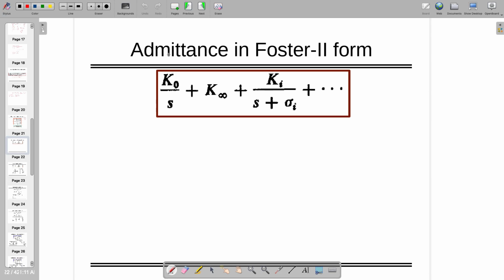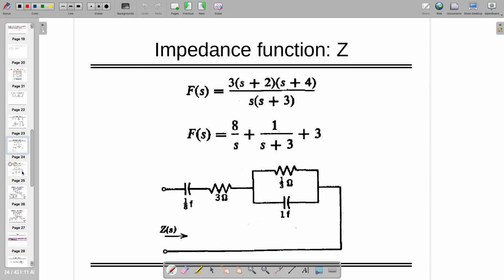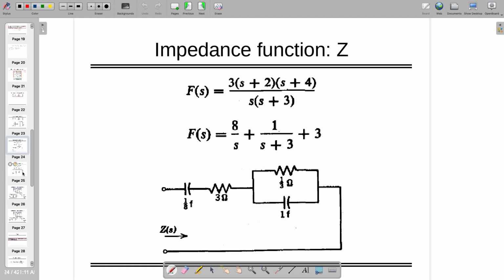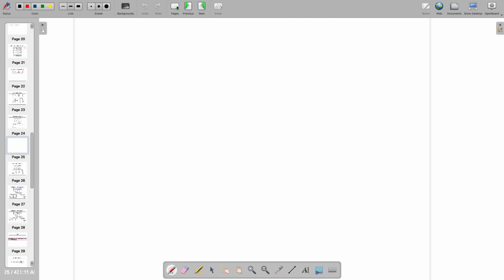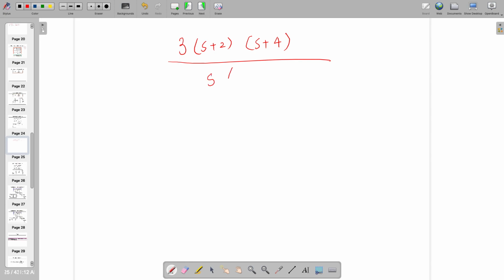So now we also talked about admittance of Foster 2 form, which was giving me a parallel combination. Now let's assume that we have a function which looks like this.